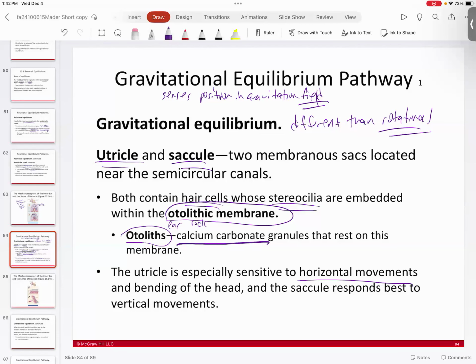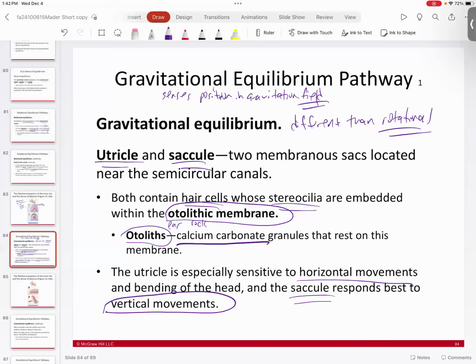The utricle will be associated with the bending of the head. The saccule will be involved in more vertical movements. So going up and down like this, nodding your head, those would be the vertical movements. That would be your saccule doing that. If I tilt my head from side to side, those are horizontal movements.